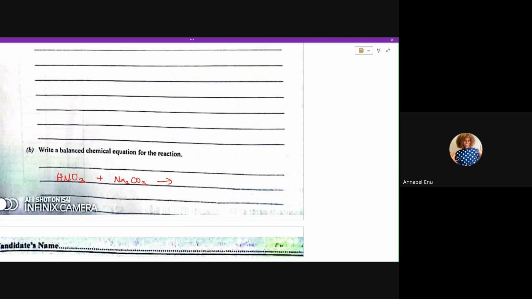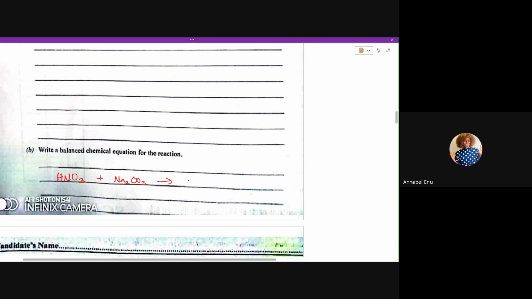So that is to say, when the base is not something like sodium hydroxide, that will form just salt and water. When there is a carbonate in the base, we'll get carbon dioxide in our balanced equation as well.